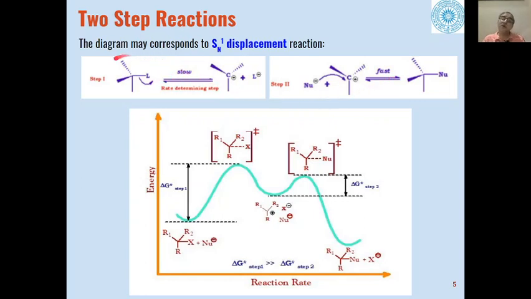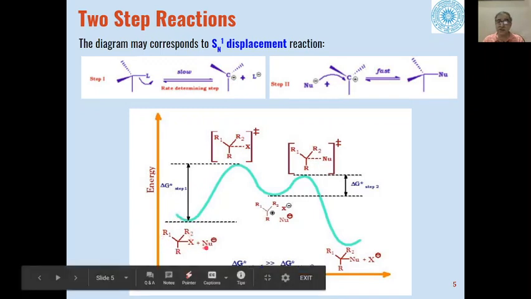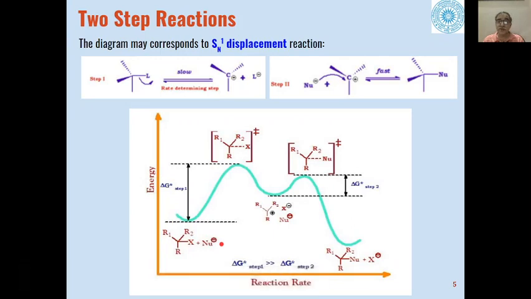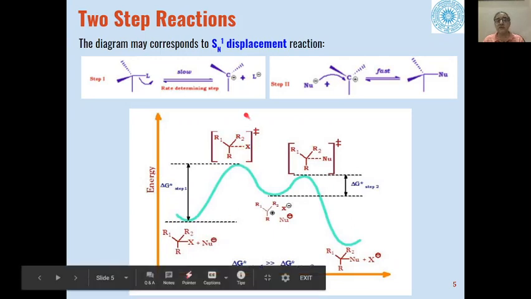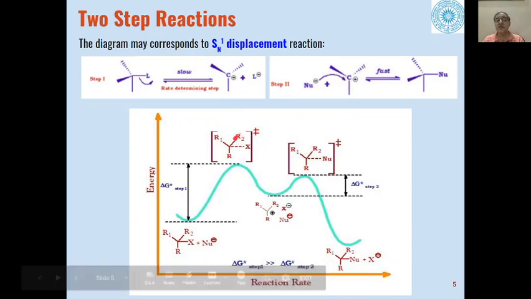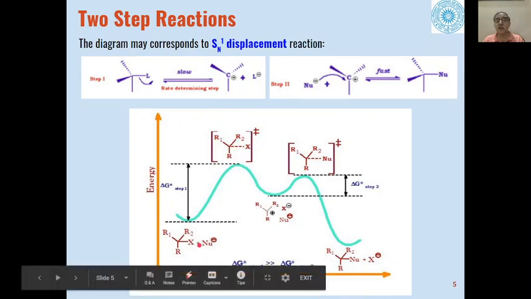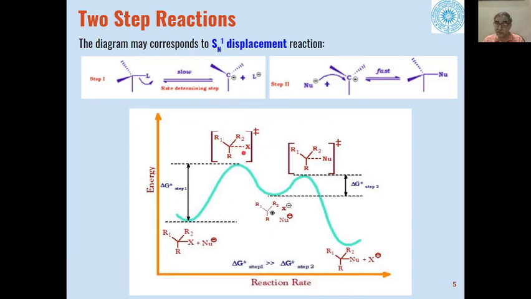Now we know that if this is the slow step, that means the potential energy for conversion of this into this will be higher than for this fast reaction. So you can see over here the alkyl halide reacts with the nucleophile, and first we will have this type of transition state where X, this leaving group, is trying to leave the substrate molecule.